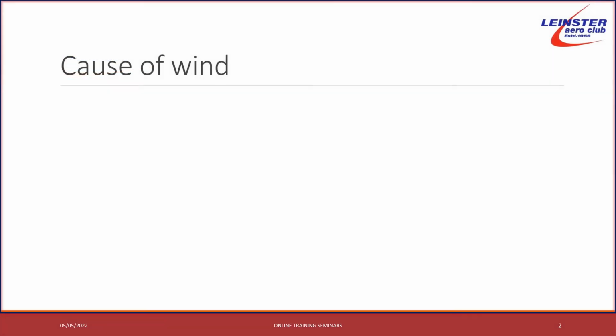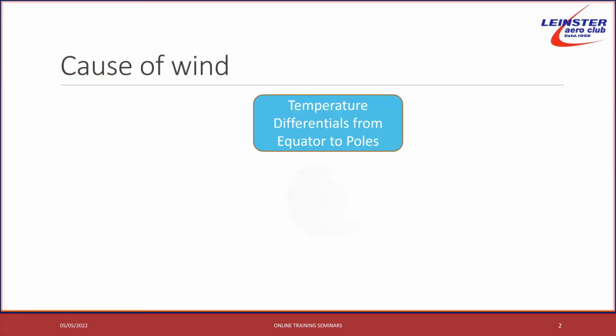We've already done a session on winds, you'll remember. And just to remind you, the cause of wind essentially starts off with the temperature differentials from the equator to poles caused by the uneven heating of the Earth's surface by the sun.